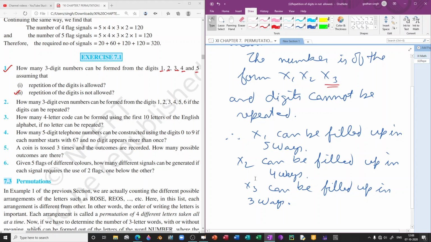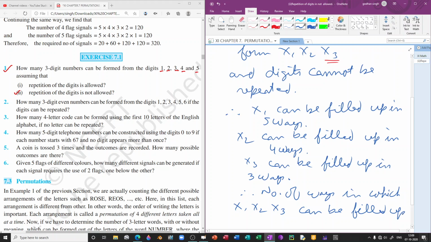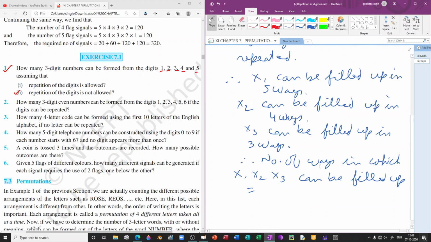Therefore, by the fundamental principle of counting, in how many ways can we fill up the digits x1, x2, x3?